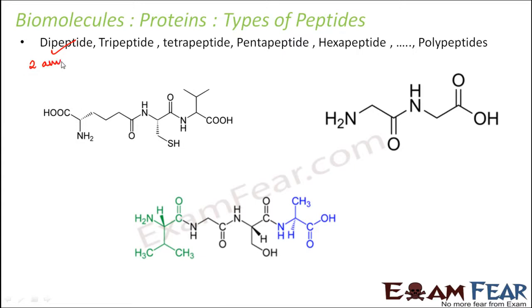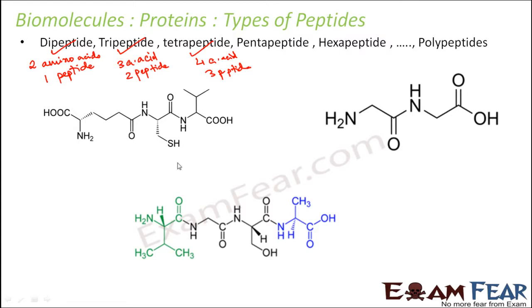A tripeptide is three amino acids joined together by two peptide bonds. A tetrapeptide is four amino acids joined together by three peptide bonds. Basically they are called di, tri and tetra based on the number of amino acids which are joined together.